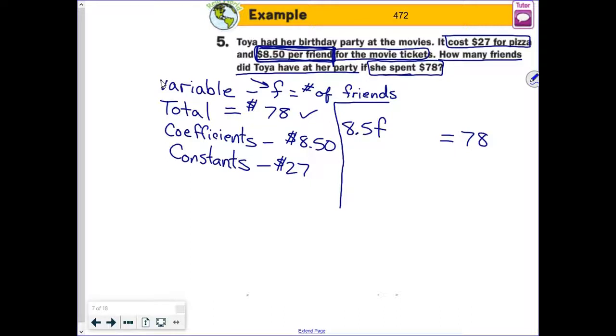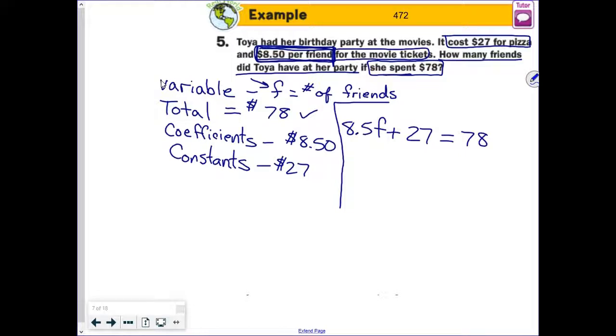So is $27 something I'm going to add to the cost of the movie tickets, or is it something I'm going to subtract away from the cost of the movie tickets? Well, it's not a discount, so we're going to have to add that to the cost of the movie tickets in order to get total cost. So you can see here that our equation is $8.50 times the number of friends plus $27 for pizza equals the $78 that she spent on the party.